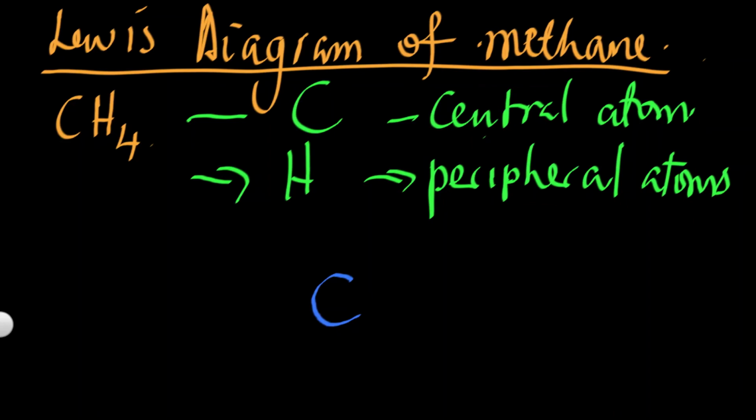So let me add the valence electrons of carbon. I'm going to use a green pen. So these are the 4 valence electrons of carbon. When we are forming methane, we have 4 hydrogen atoms.